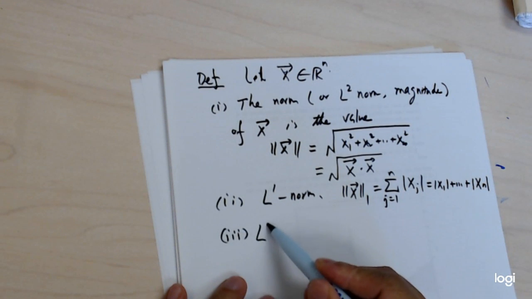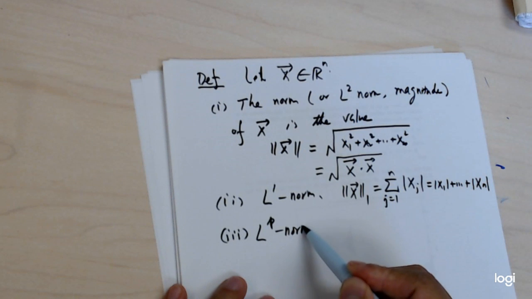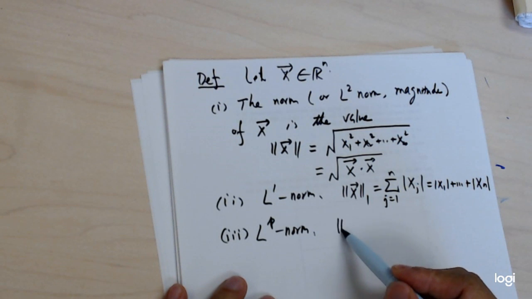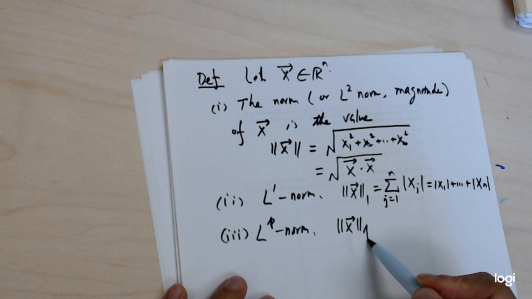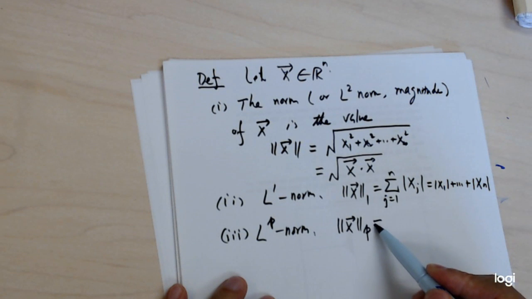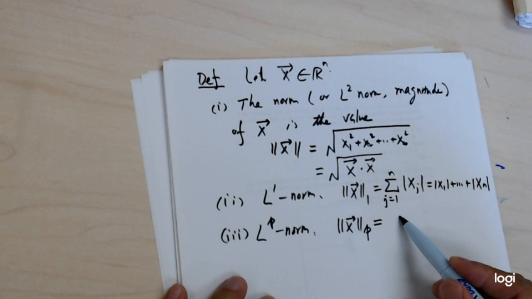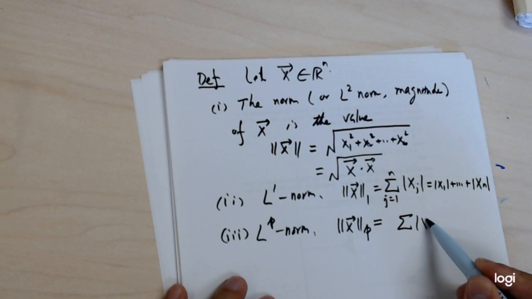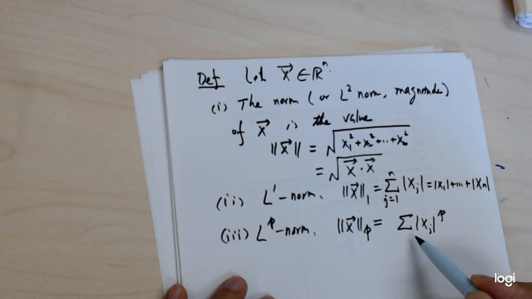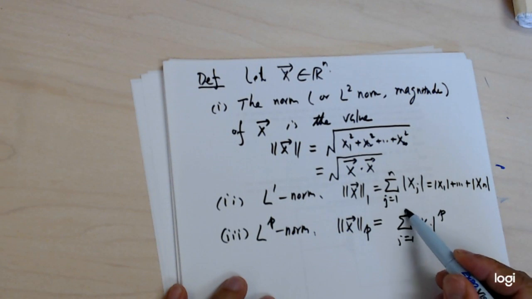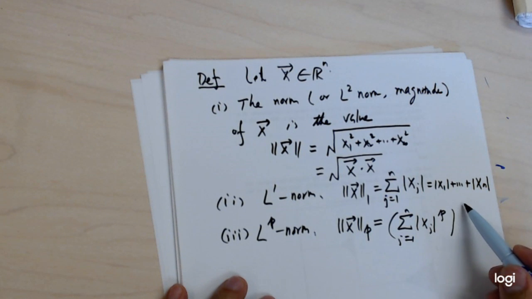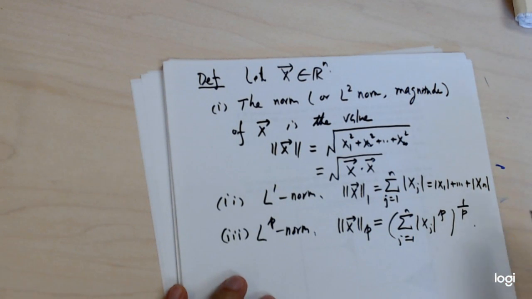In general, we have the Lp norm, which is given by this formula: each component's absolute value raised to the power of p, and then the sum raised to the power of 1 over p.